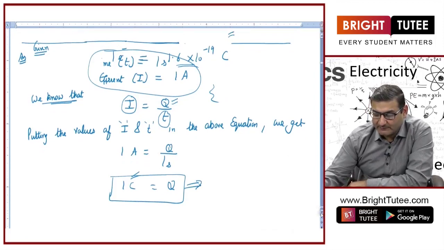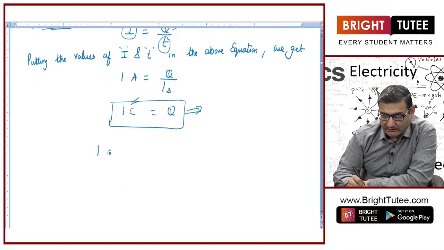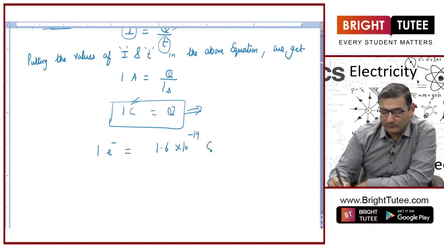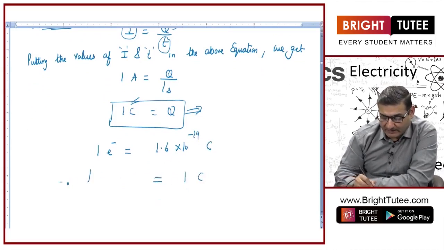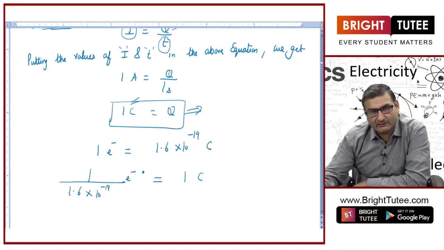Now the question will continue the same as we have done earlier, that if one electron carries a charge of 1.6 into 10 to the power minus 19 coulombs, then 1 coulomb of charge will be constituted by dividing over here by 1.6 into 10 to the power minus 19, these many electrons.